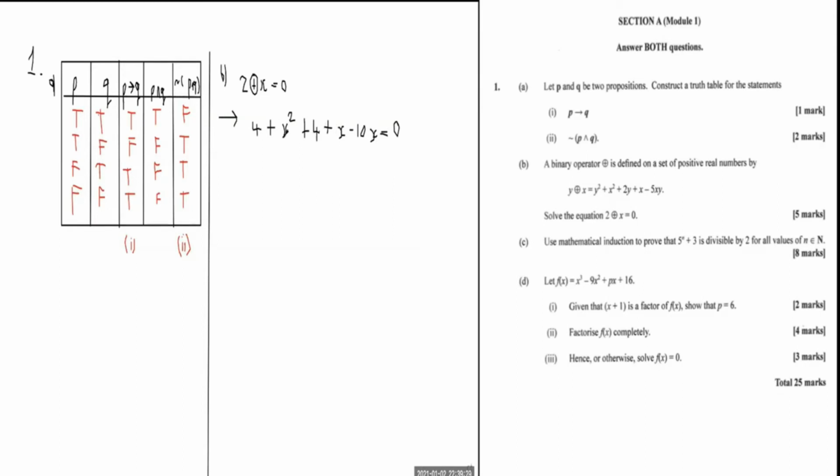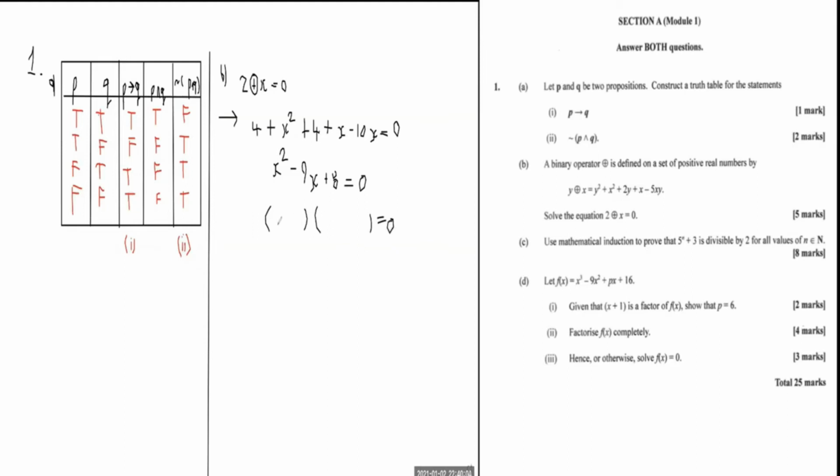Now, of course, this looks like it's going to lead to a quadratic. So what we have is x squared. Where you have x and minus 10x, that just becomes minus 9x, plus 8, and that's equal to 0. So you have x squared minus 9x plus 8 is equal to 0. You can go ahead and factorize it and equate it to 0.